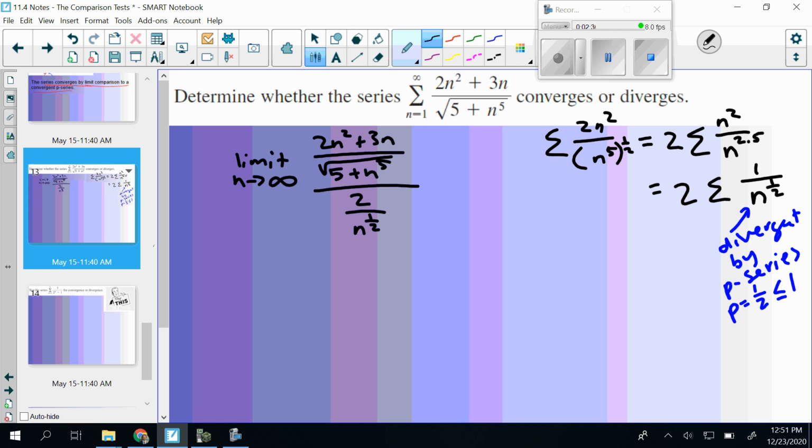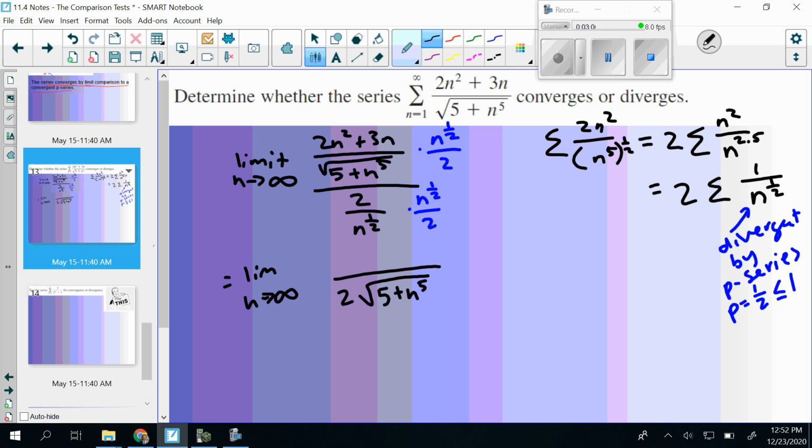So what is this limit going to be? Well, let's try to simplify it. First, let's multiply by the reciprocal, top and bottom. Now our limit as we go to infinity is going to be, on bottom, 2 square root of 5 plus n to the fifth.